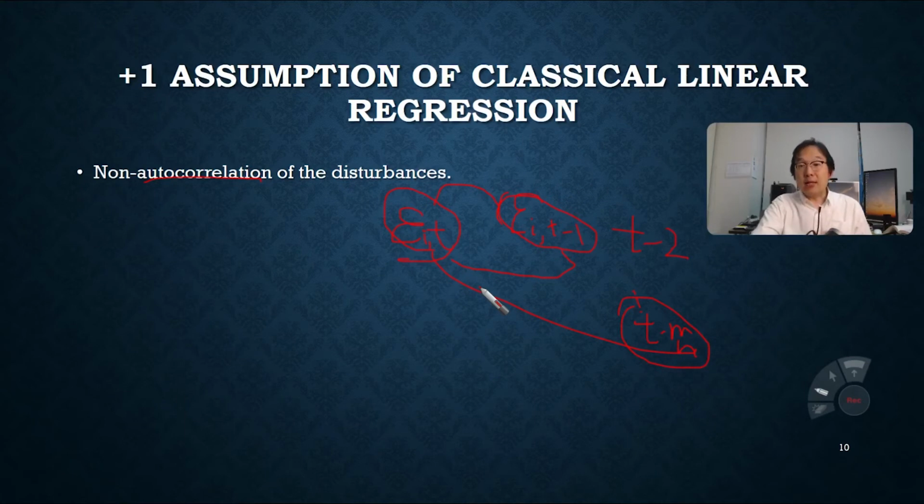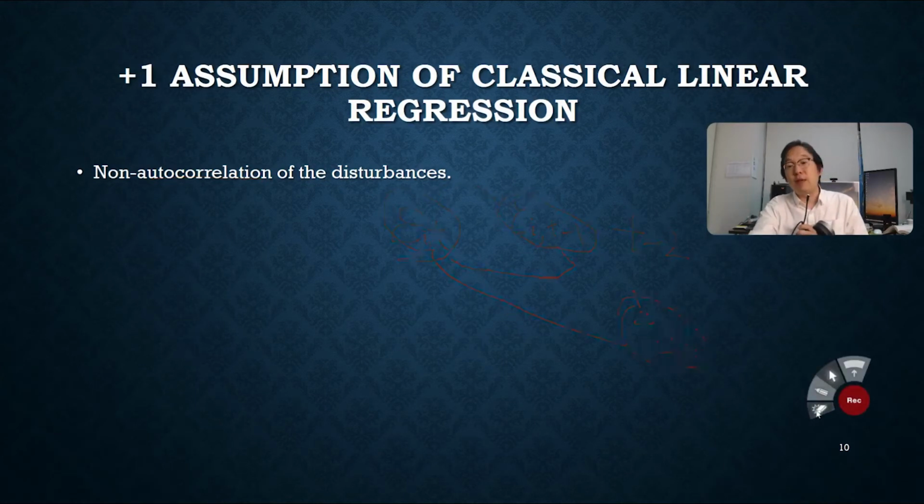That autocorrelation will screw up your estimation process, so we want it to be non-autocorrelated, to have clear linear regression, okay? The Gauss-Markov theorem doesn't specify that this assumption has to hold, but the previous five, you have to make sure about them.